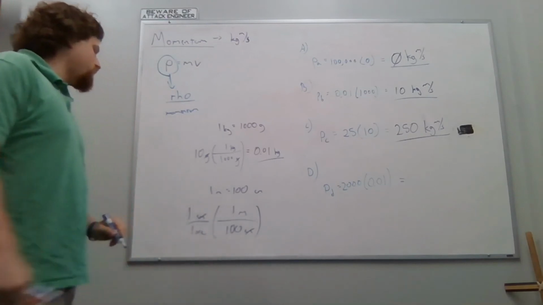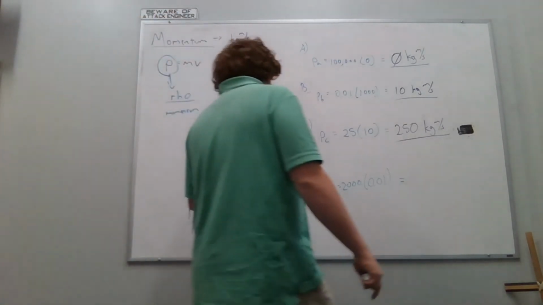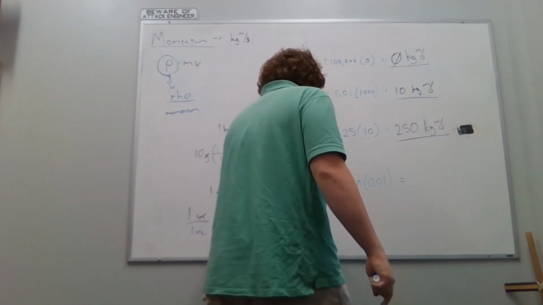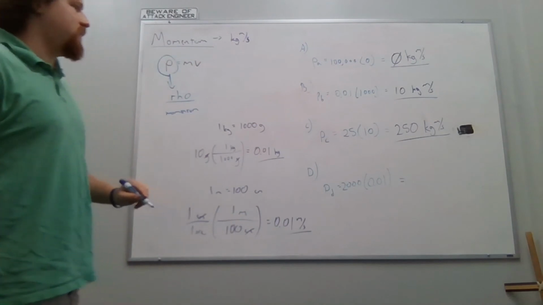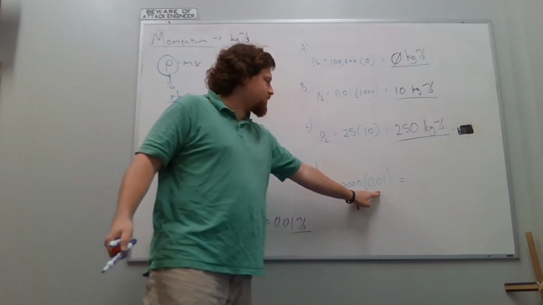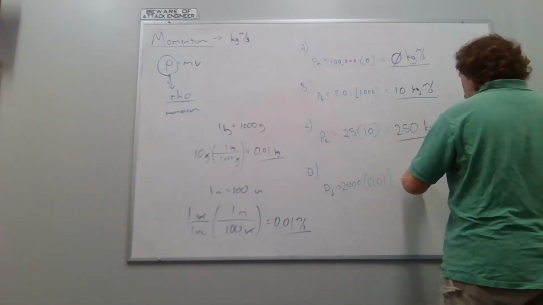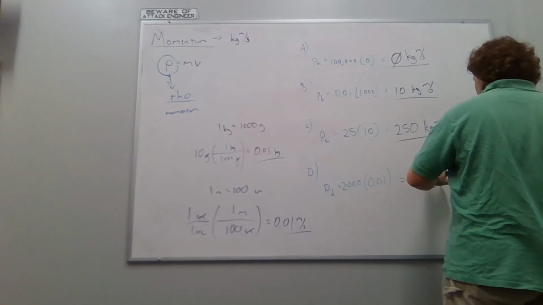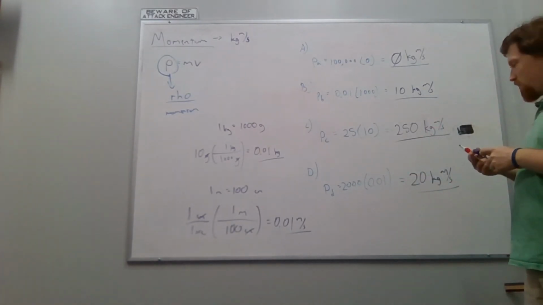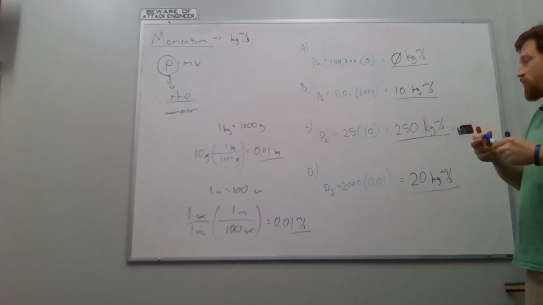That's going to leave us with meters per second. So our meters per second here is 0.01 meters per second. So that's the number we're going to plug in for the velocity of the car. And that's going to tell us that the car has a total momentum of 20 kilogram meters per second.